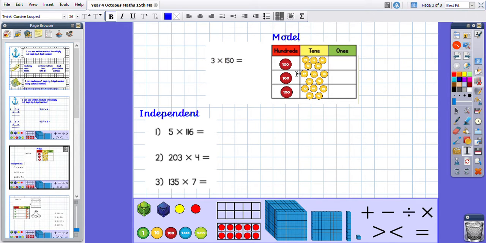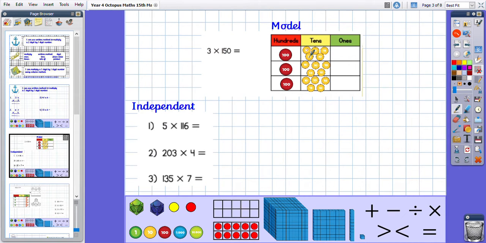So I have 1 hundred, 10, 20, 30, 40, 50 and no ones, so 0 ones. I've got a placeholder and I've got 3 sets of those, so remembering to look for groups of 10 for any exchanging. So I've got 5, 10 here.